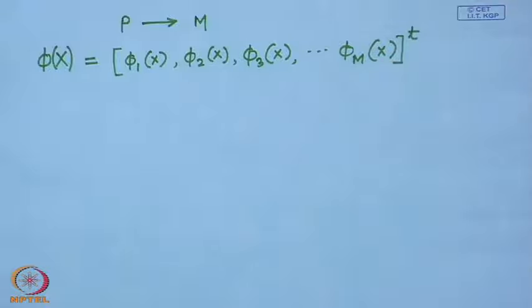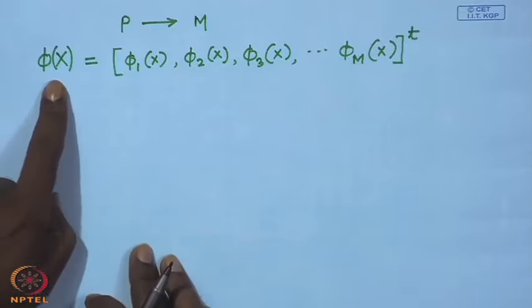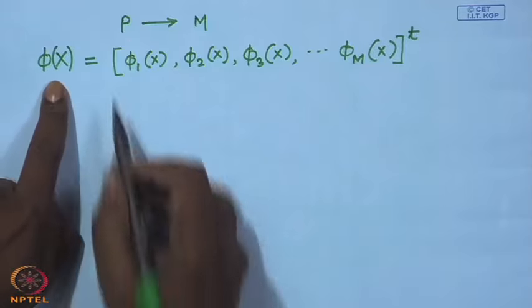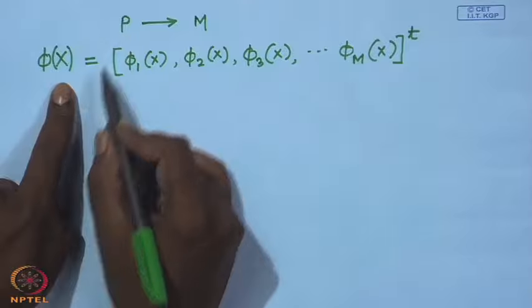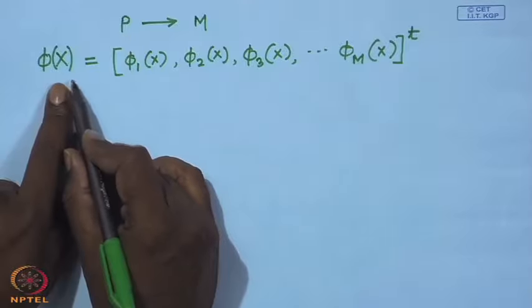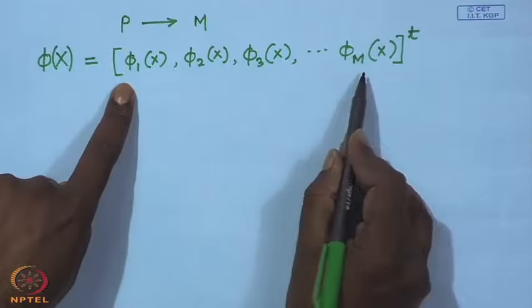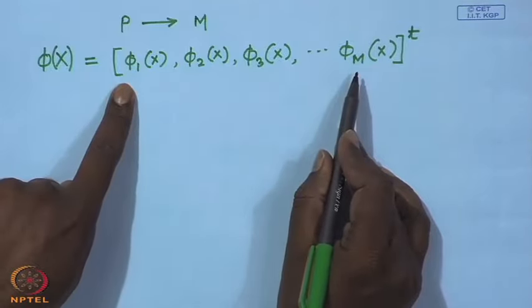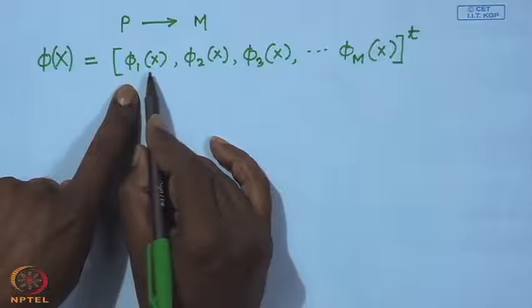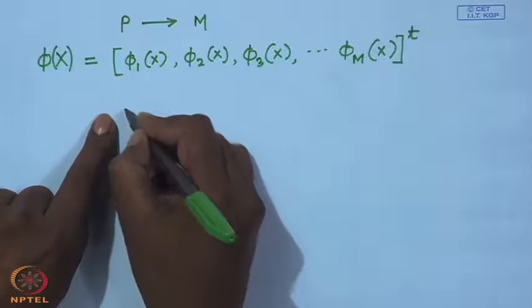So, if the original feature vector x is of dimension p, for each such feature vector x, I impose this set of m phi functions, and each of these phi functions produces a real value.